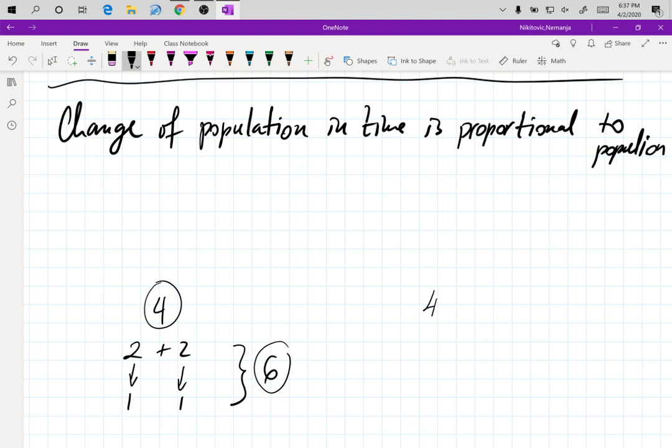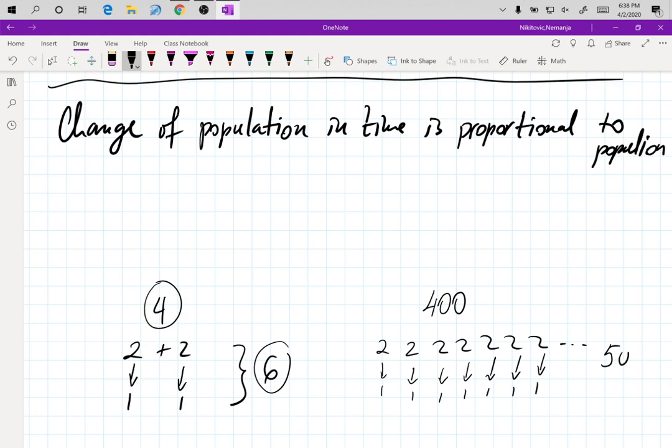If you start with 400, right? If you start with 400, that's going to be 200 pairs, right? And each one of those 200 pairs is going to produce 1 child, right? So 200 of these. So you are ending next year with 500.